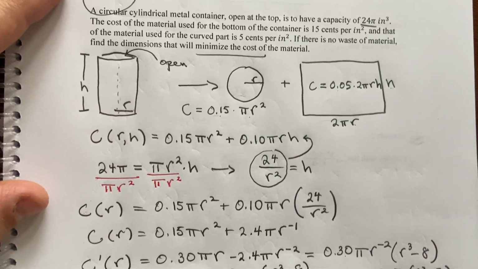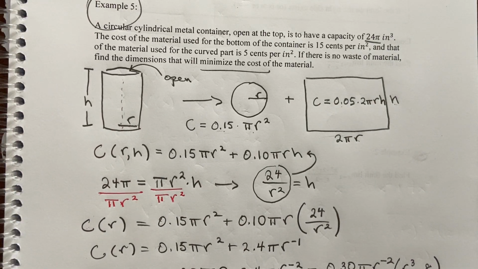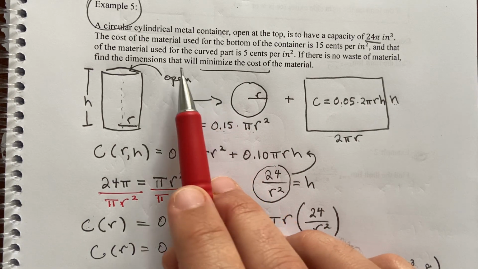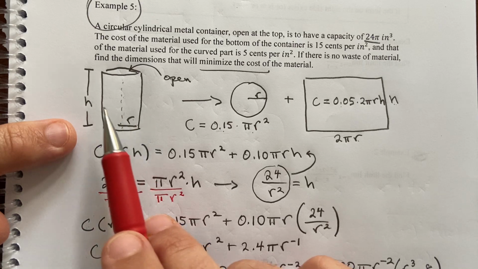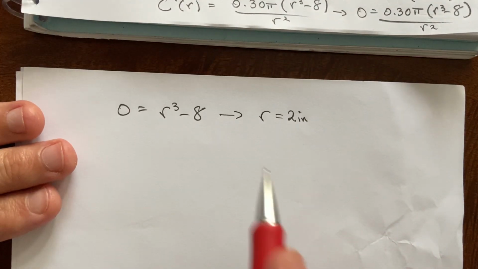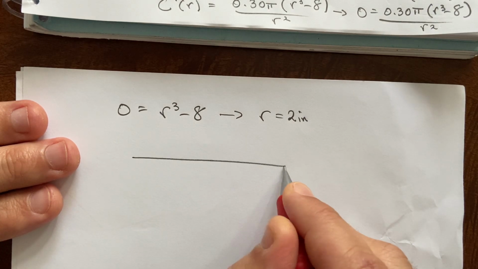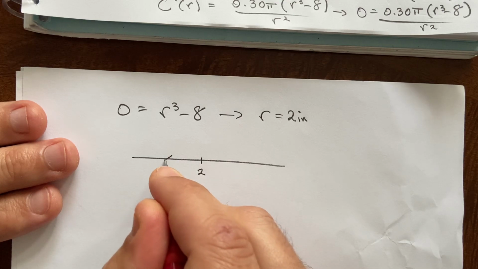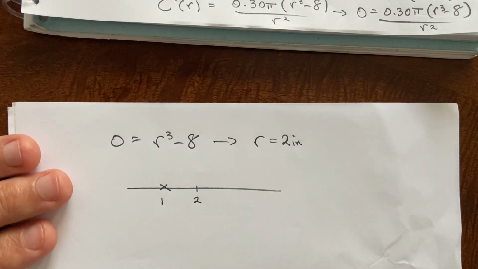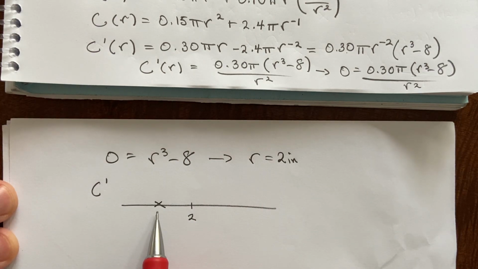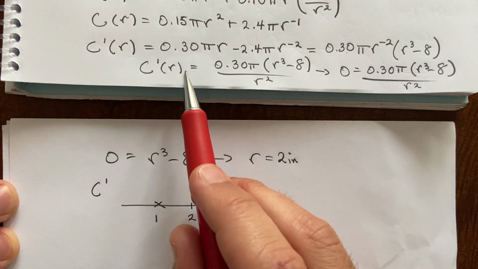Keep in mind the original question is to find the dimensions, so we're looking for both r and h. Once you find the radius, though, you do need to make sure that this does minimize. So I'll do a sign chart. I'll place 2 on here. Maybe I'll test with 1. And by the way, this is a sign chart for C prime, so I'm plugging 1 into C prime.